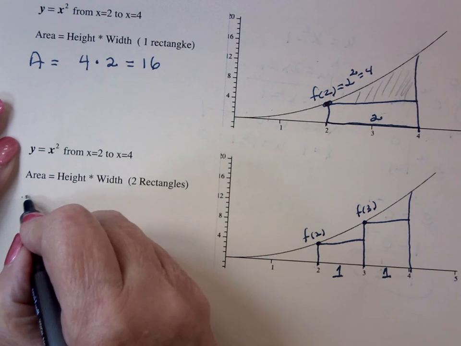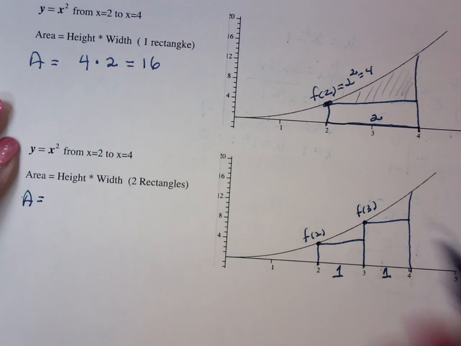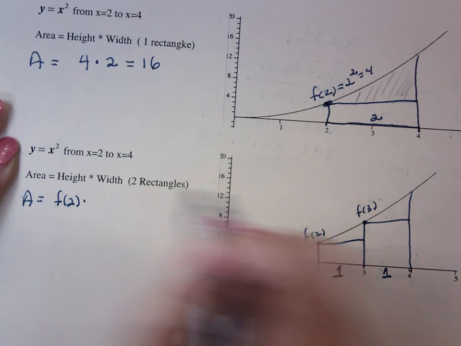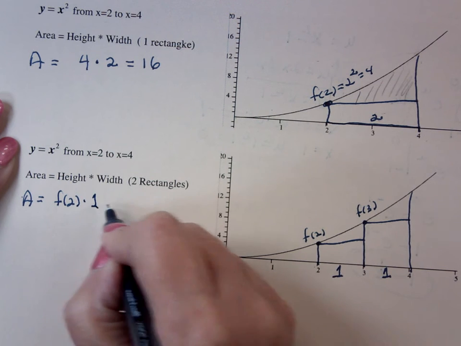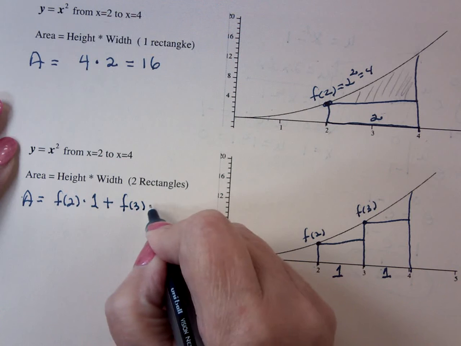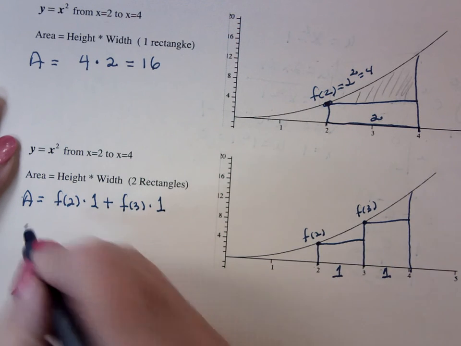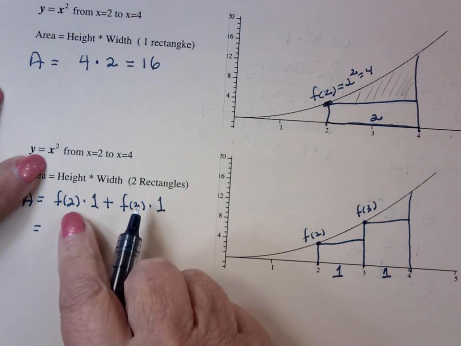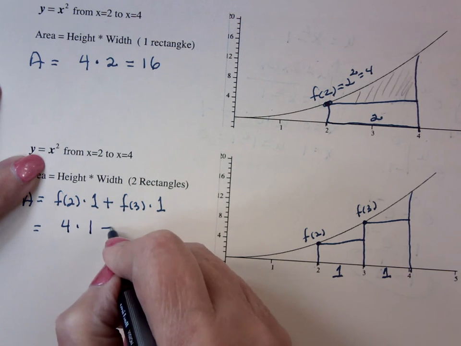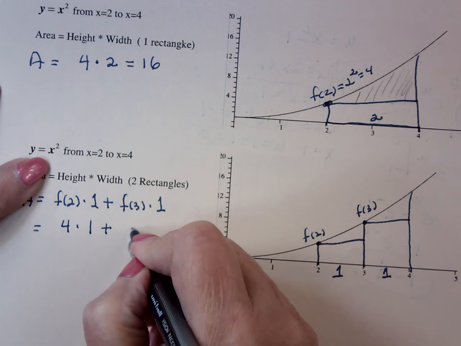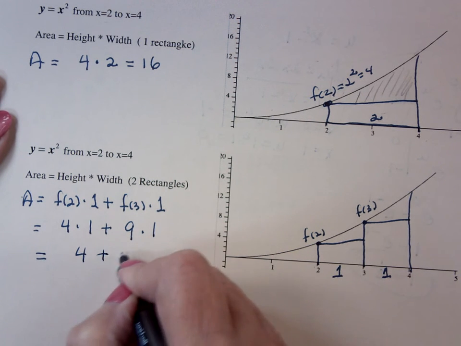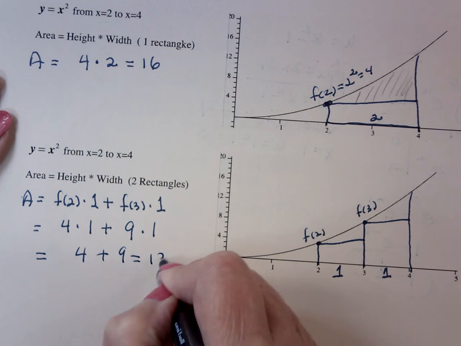So what is the area? The area is going to be the height, which is f of 2, multiplied times the width, which is 1, plus the height, which is f of 3, times the width, which is 1. F of 2 is just 2 squared, which is 4, times 1, plus f of 3 is 9 times 1, which is 4 plus 9, or 13.